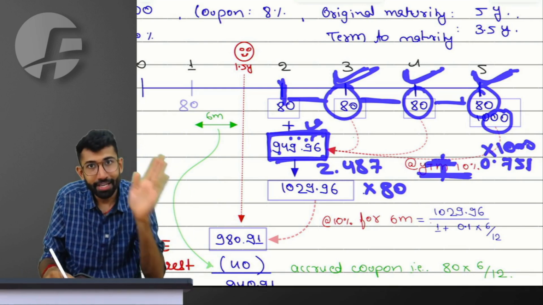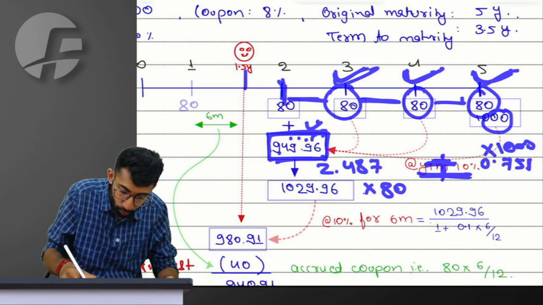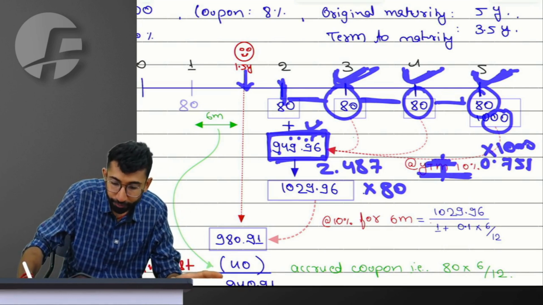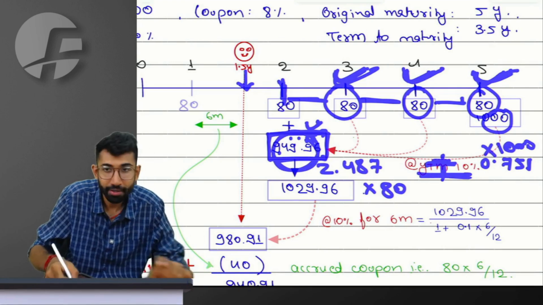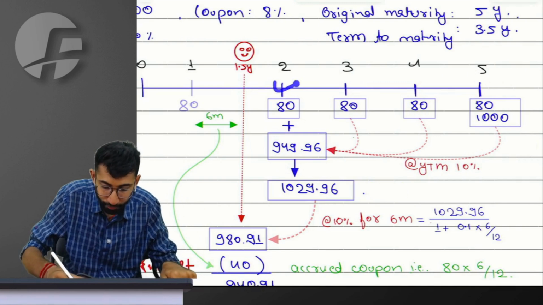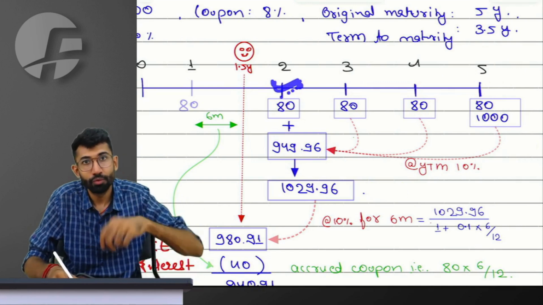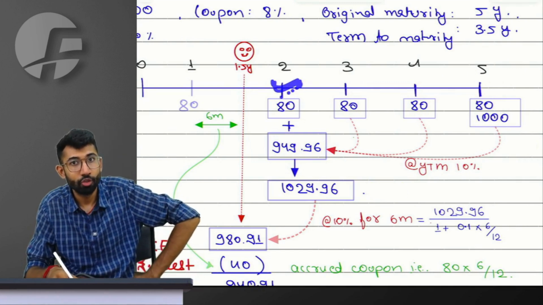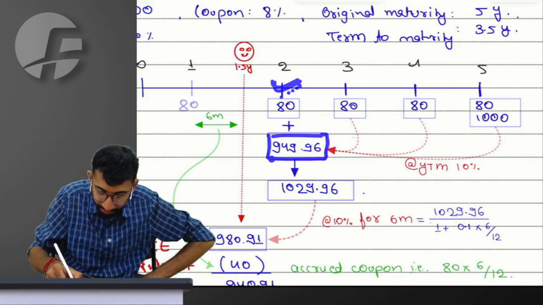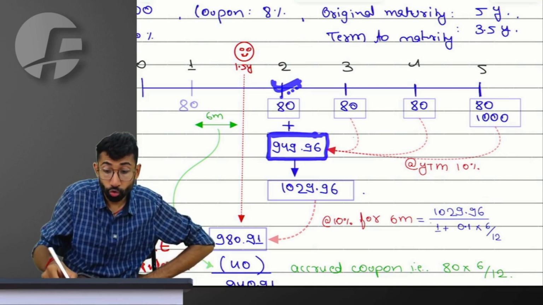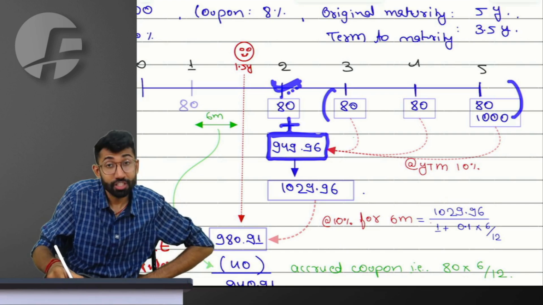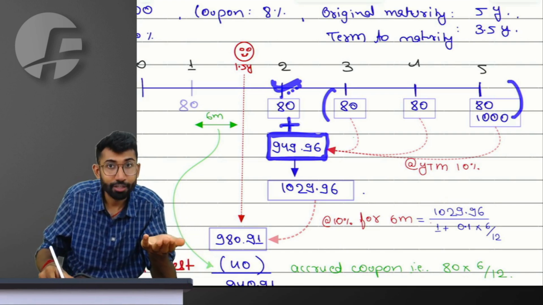Which means I need to bring down all the cash flows to 1.5 years, where the cash flow of third, fourth and fifth year has been brought down to second year. This much we are settled. Correct? Do you agree at the end of second year I have one more cash flow available for me to be discounted for 6 months? 949.96 has the coupon amount from 3 to 5, and the present value is standing at the end of second year.